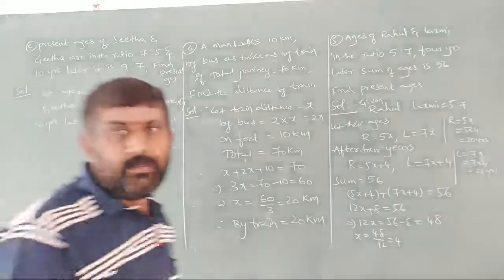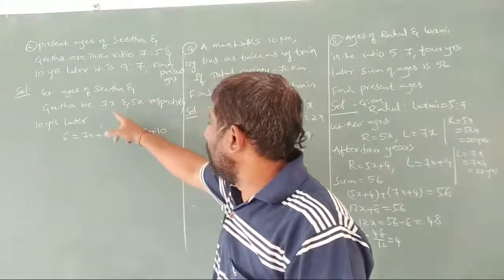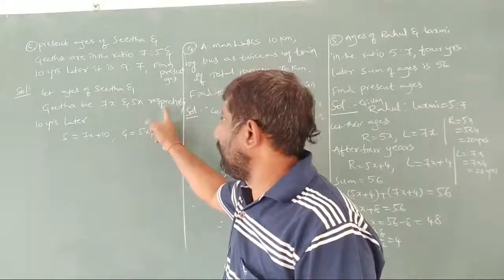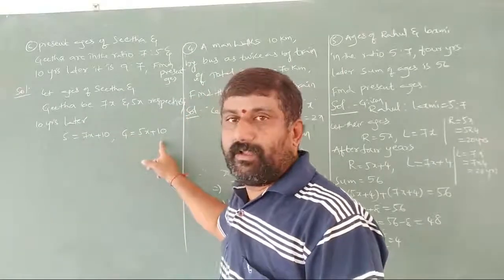Okay, we'll continue. Ages of Sita and Geeta are 7x and 5x respectively. 10 years later, it is going to be 7x plus 10 and 5x plus 10.